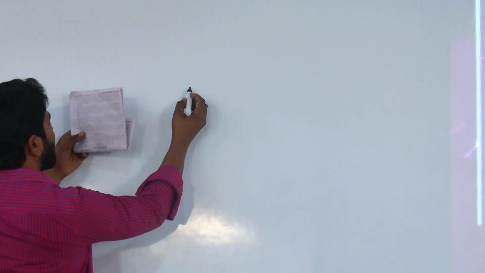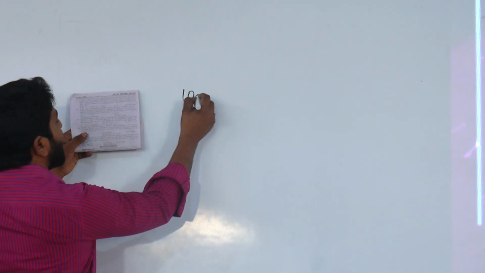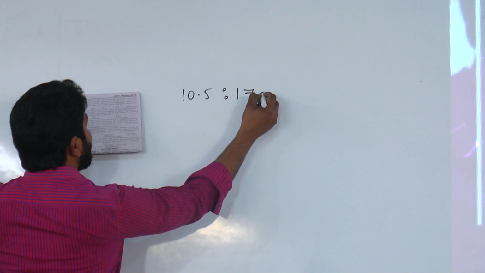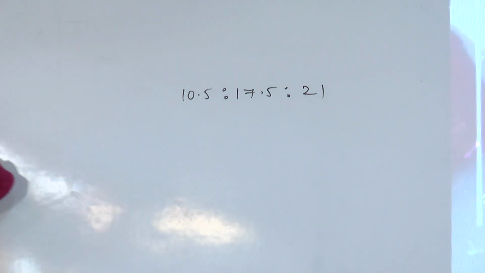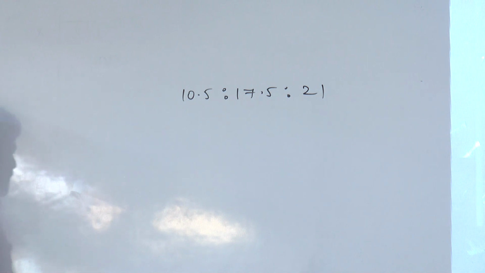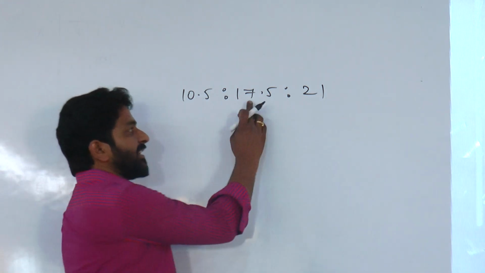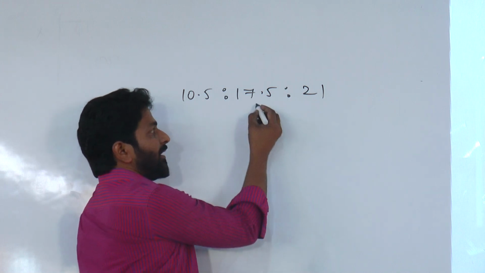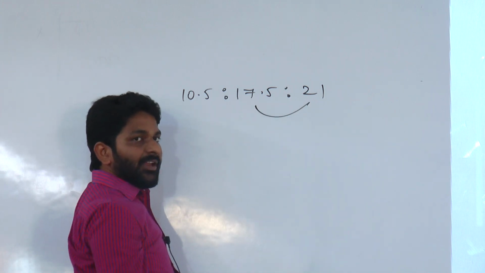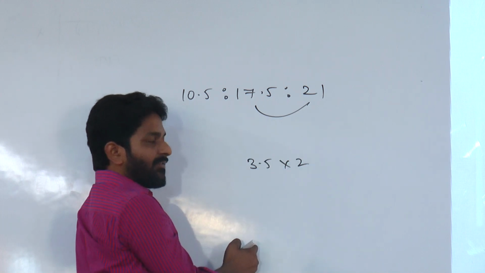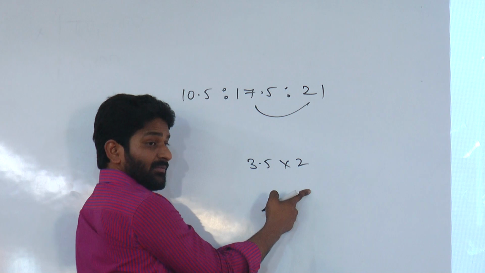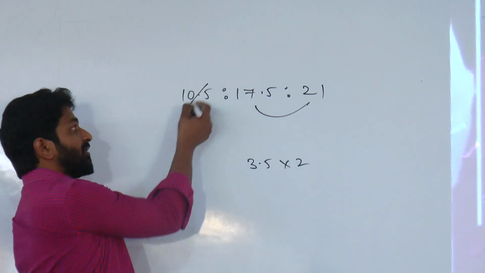Investment ratio, let me write investments. 10.5, 17.5, 21. I think cancellation with 3.5. I've already told you what is the least difference here: difference between these two numbers, 3.5. 2 times 3.5 is 7, so this is 3 times.